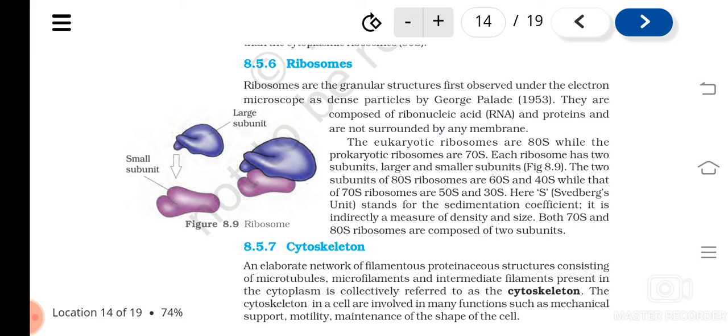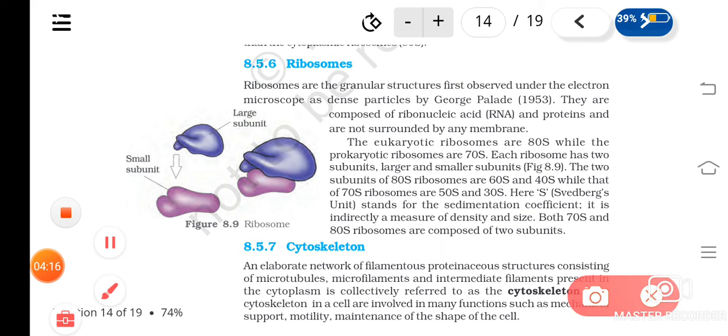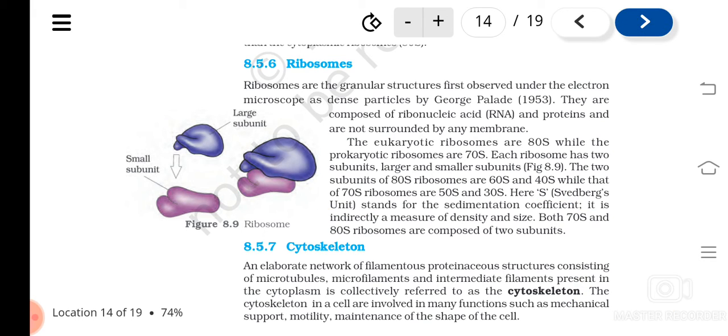This S, Svedberg's unit, is the unit for the sedimentation coefficient. What does it measure?